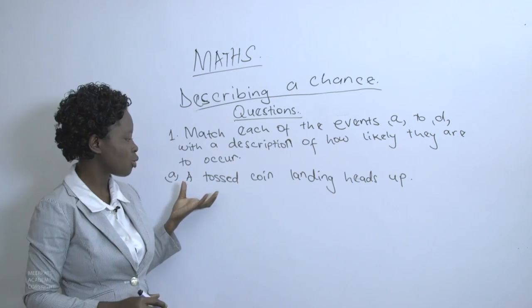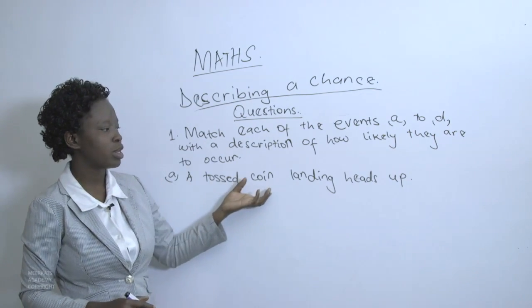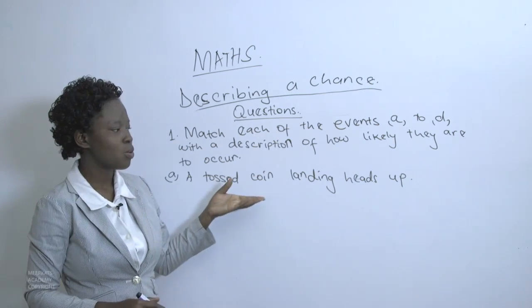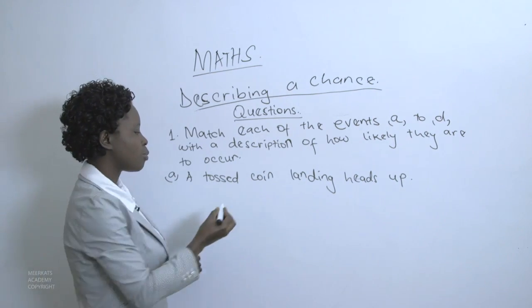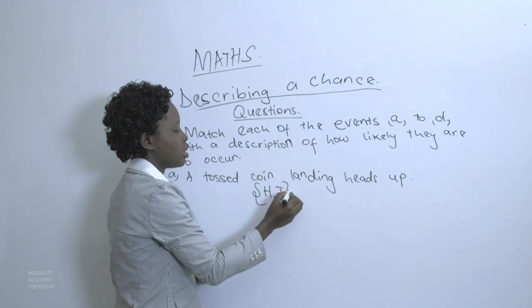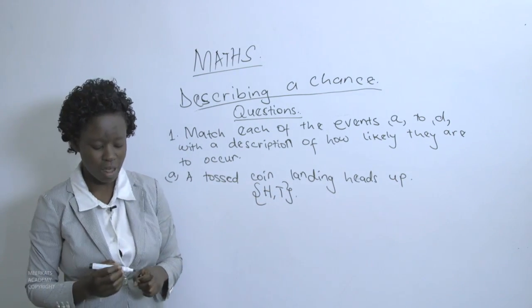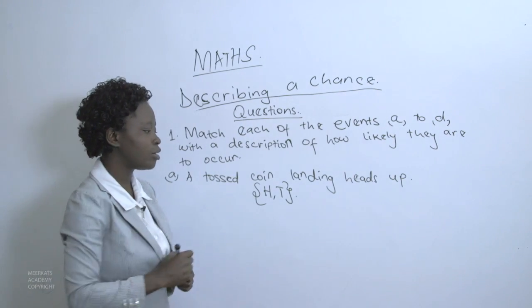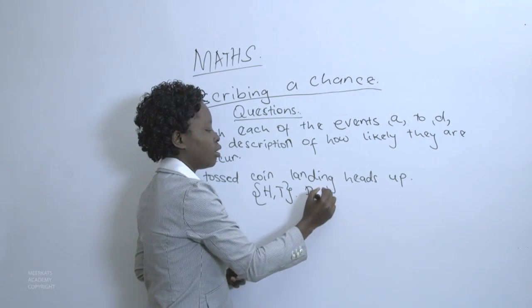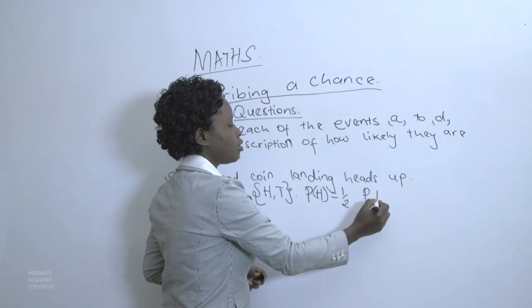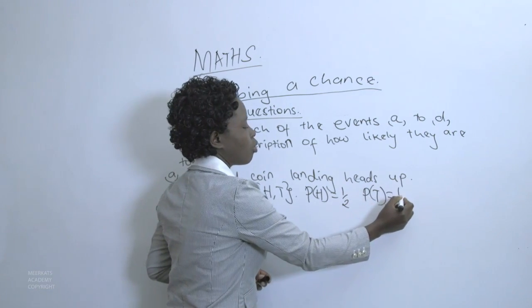The first question is a tossed coin landing heads up. When you are tossing a coin, we already know that the probability space is 2, a head and a tail. So the probability of getting a head is 1/2, and the probability of getting a tail is also 1/2.